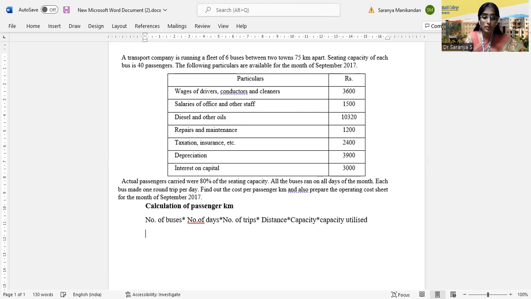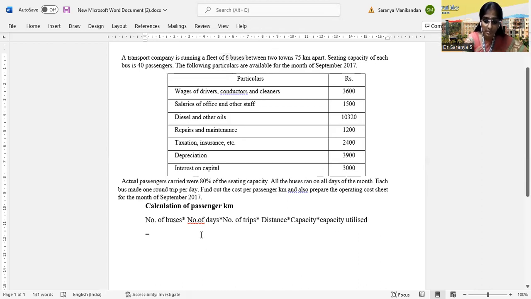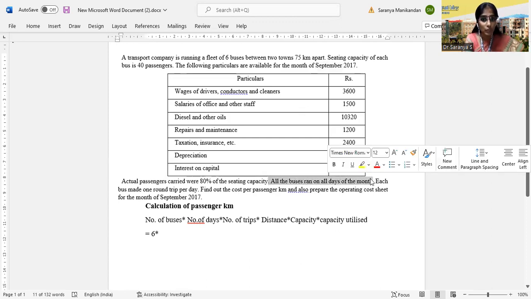So now we will start applying the formula. How many buses do we have? 6 buses, correct? So 6 buses into number of days. Number of days is not given directly, but we are going to prepare for the month of September, and the clue is given that all the buses ran on all days of the month. So all the days of September is how much? 30 days, right?